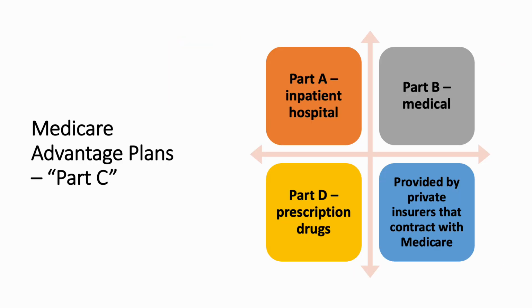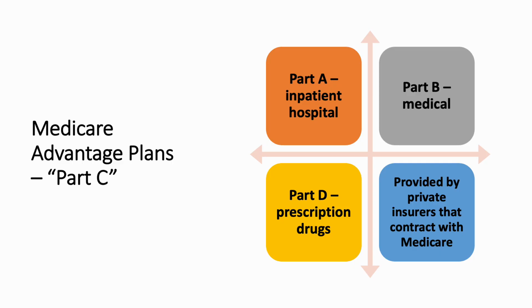Part C Medicare Advantage plans are provided by private insurance companies who contract with the federal government to provide your Medicare services to you. So these plans have to provide all the services that are provided by Medicare, but then the plan's going to determine the cost.